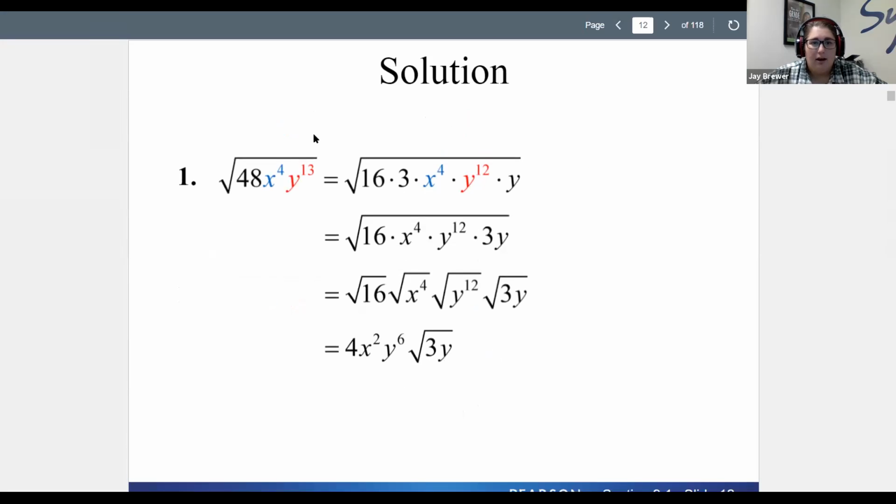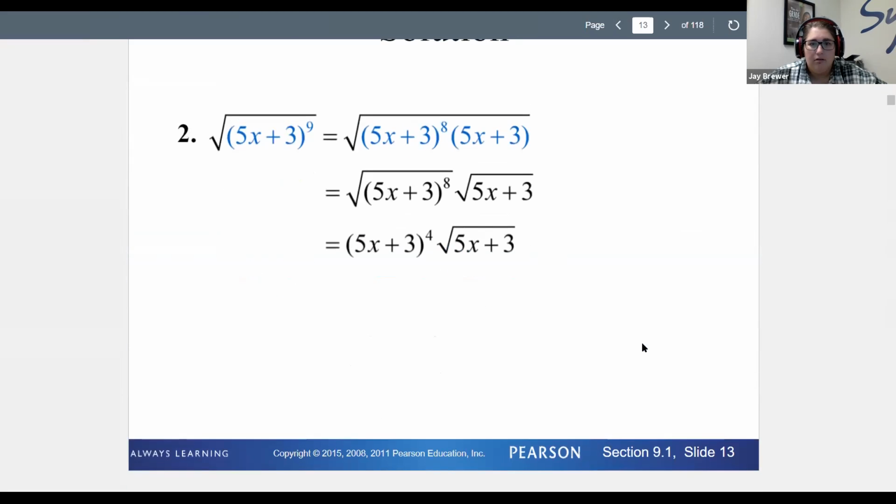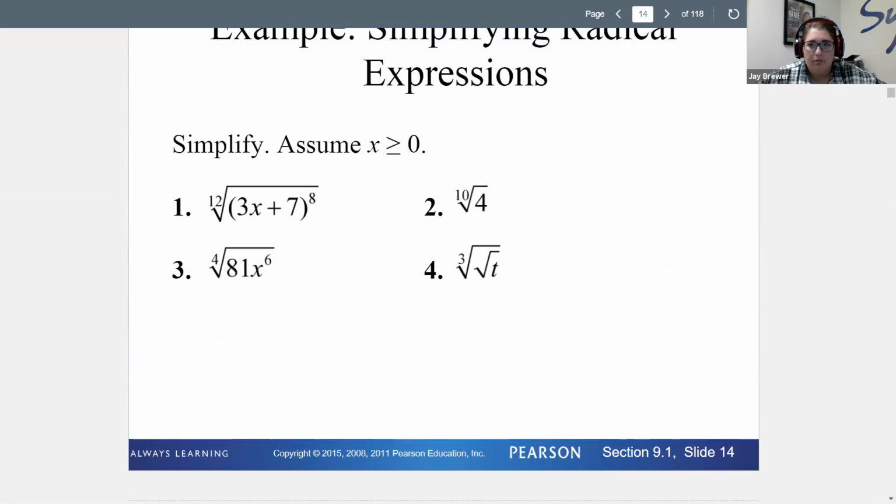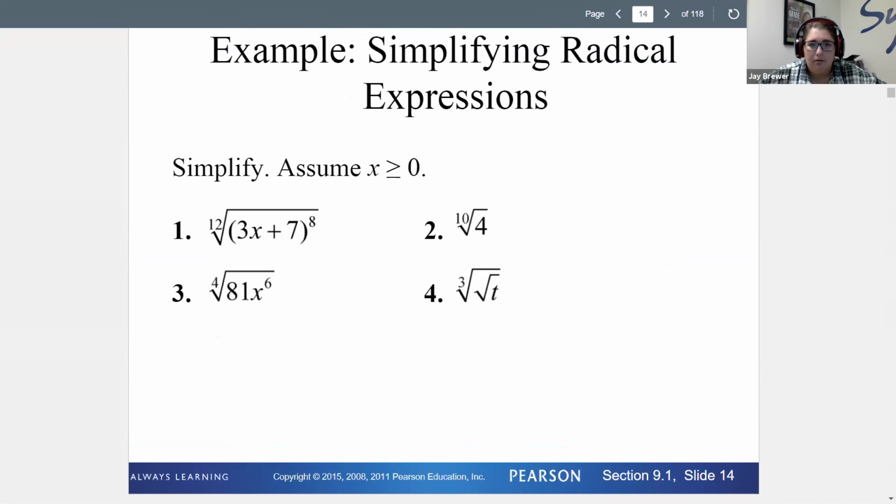If you guys want more of a breakdown, it's on the next 2 slides. Okay, so here's a few more examples of simplifying radical expressions.